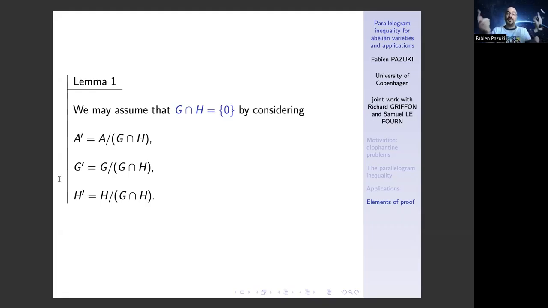You can prove the parallelogram inequality for all the subgroups satisfying this, and if you can do that, then you get the general case. This is what the lemma says. Basically, I'm giving you a hint to prove it. So from now on, we may assume that, in fact, the intersection is 0. Okay, so that's lemma 1. It's some kind of reduction to simplify our life.